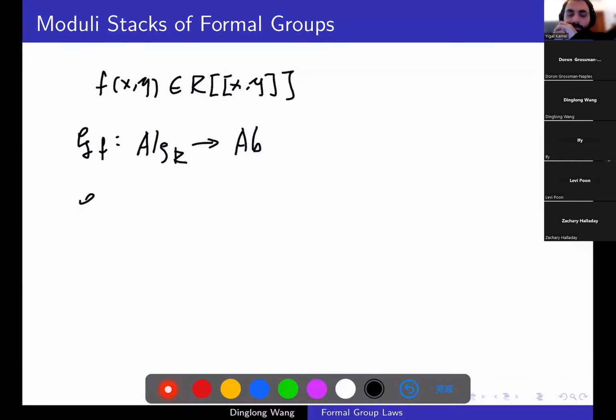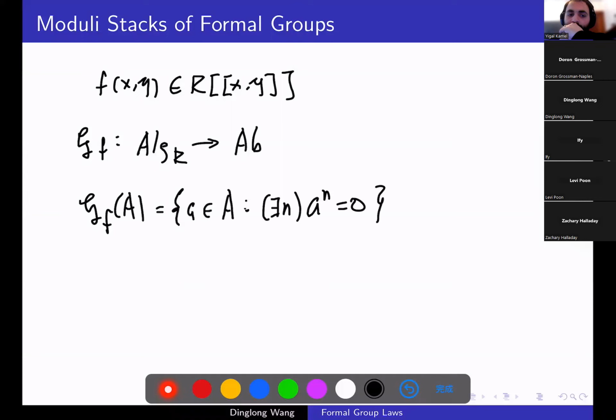So we let GF(A) be the elements in A that are nilpotent. Clearly F defines a group structure on these nilpotent elements.